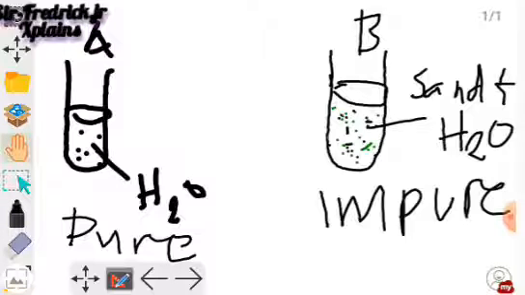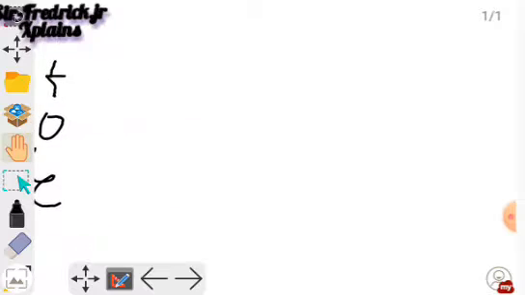Now the question arises again: what is the difference between a pure substance and a mixed or an impure substance?